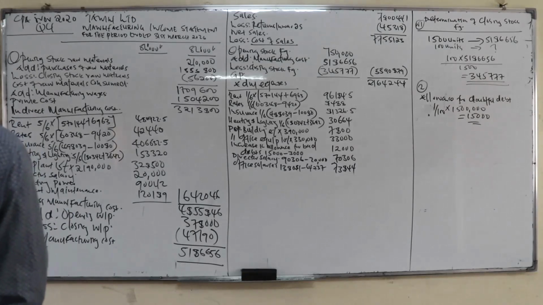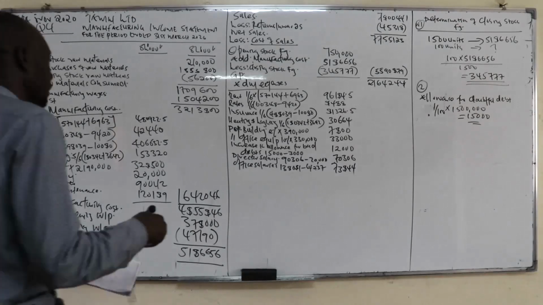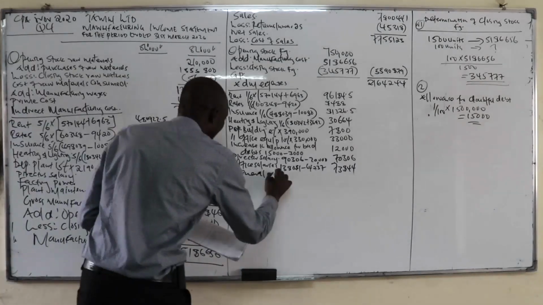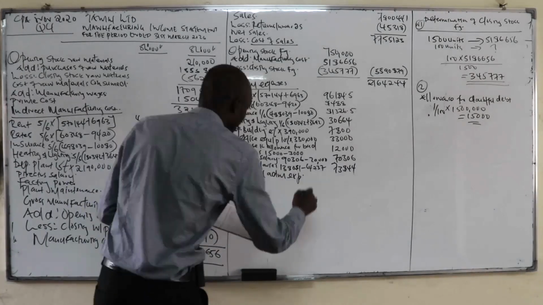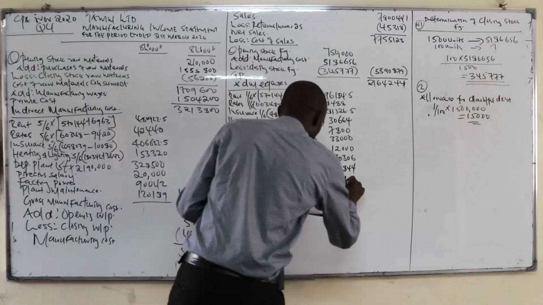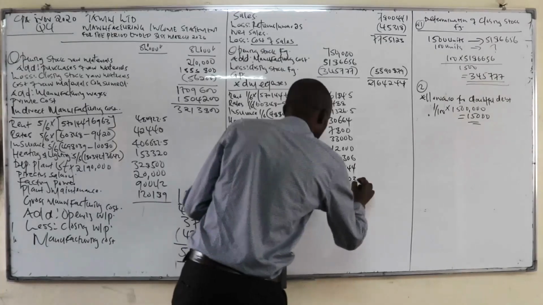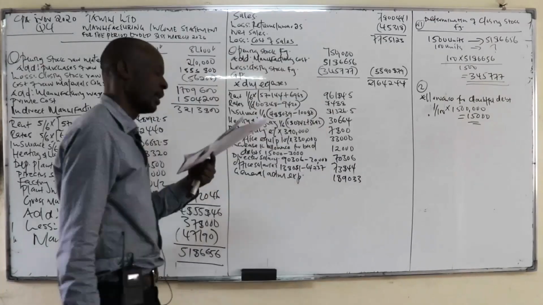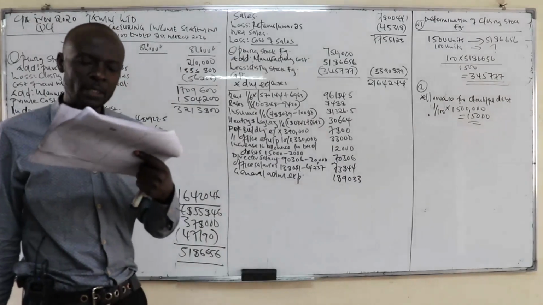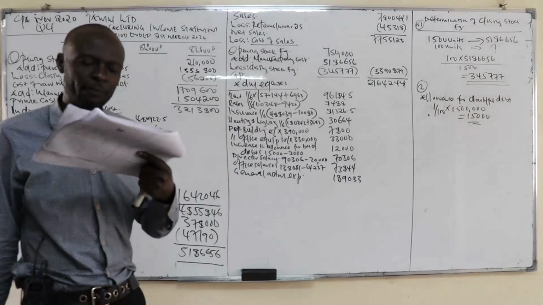Like for instance, we have general administrative expenses. How much is it? 189,033. And then we have insurance, rates.